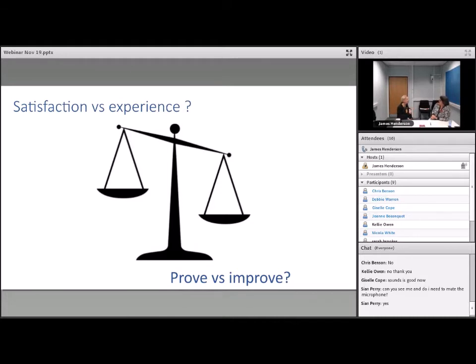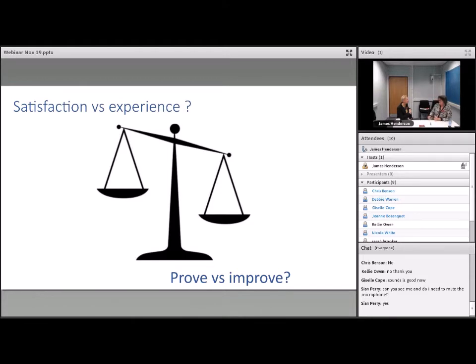So I could ask you on a scale of 1 to 5 how satisfied you were, and maybe you got something half price, so you'd be very satisfied. But the experience that you had might not match the satisfaction, because you might have met a checkout lady who didn't engage with you. You might have had to fight 1,600 people for the product because it was on sale.